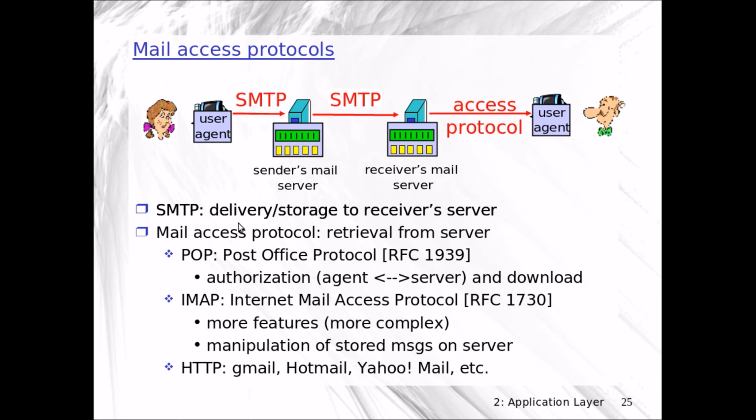That is, SMTP is for delivery or storage to the receiver's server. For transfer from the receiver's mail server to the user agent at the receiver side, we use an access protocol: POP, IMAP, HTTP, etc.